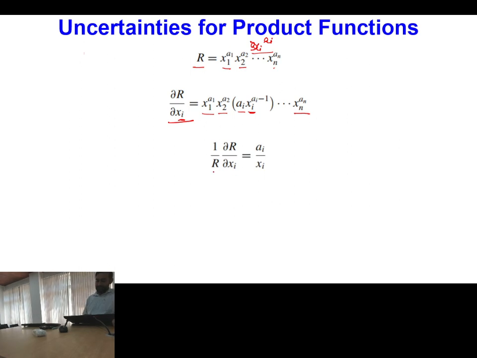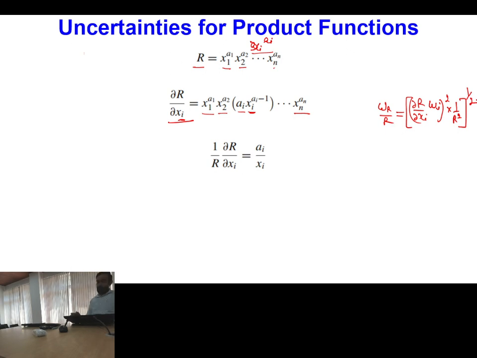The previous formula tells that if I have to calculate my uncertainty in terms of percentage, then I need to write WR by R. So if I calculate WR by R, then inside, when I am using this del R by del Xi into Wi whole square, it will be multiplied with 1 by R. Here also I will use 1 by R square, because everything outside I am using power 1 by 2.